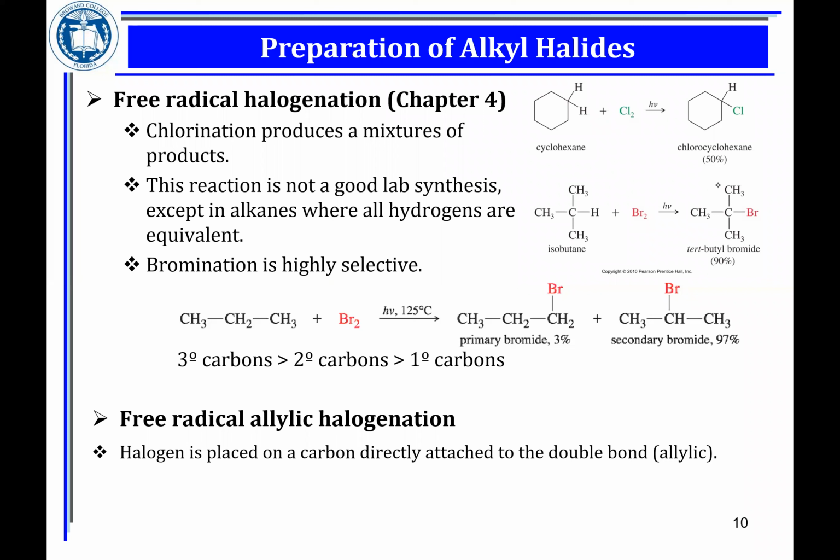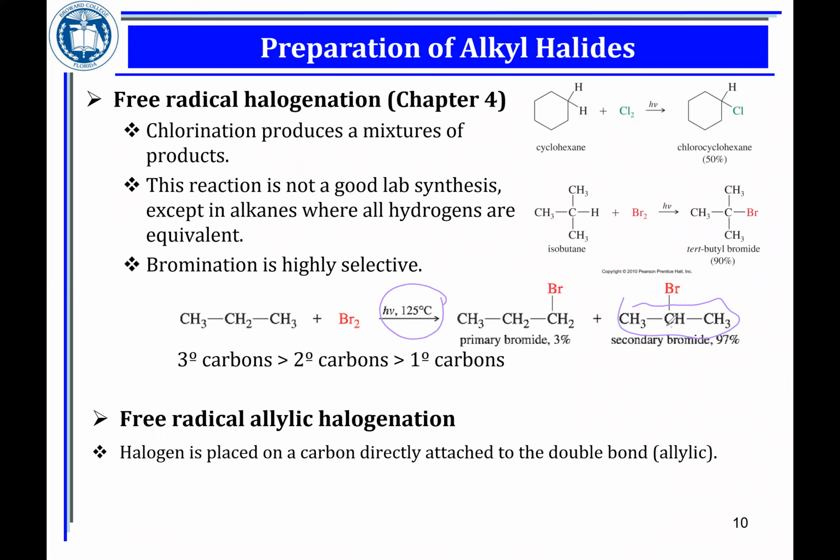How to prepare alkyl halide, we learned this in chapter 4. And you had a test about it. The reaction is a free radical chain reaction. It requires light and heat. So the mechanism of the reaction is based on a free radical intermediate that forms, and a secondary free radical is more stable.